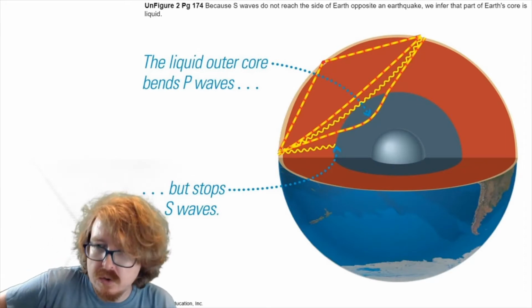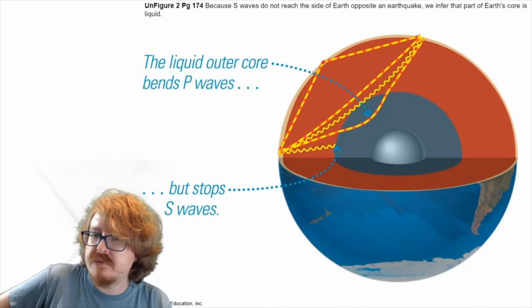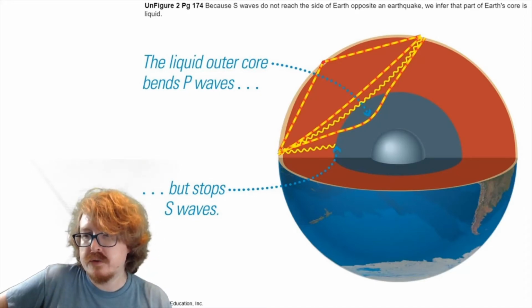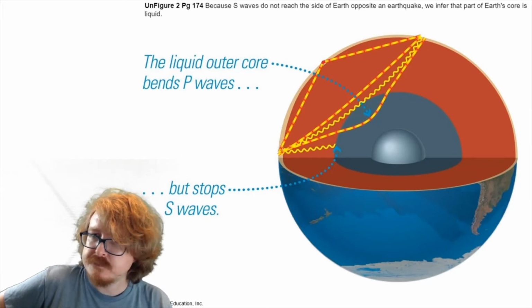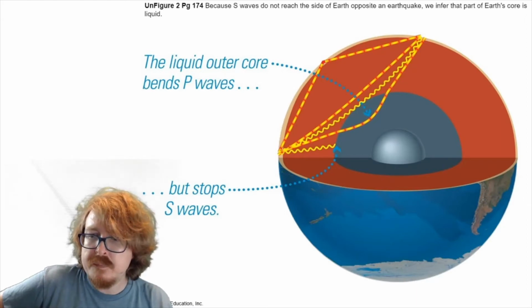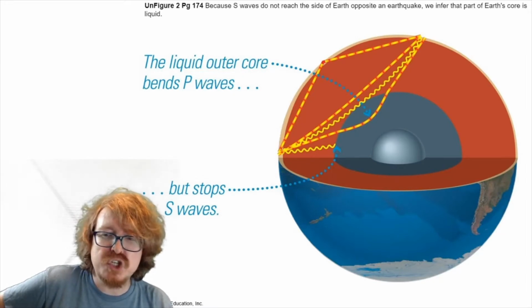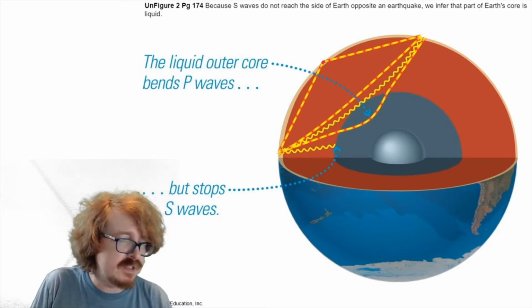Okay, so does anybody know what we call the very middle of the Earth? It's pretty simple. What do we call that middle part? Yeah, we got it. So these 2 parts together are called the core of the planet, but we're going to divide them up into 2 separate layers for the purposes of this class.